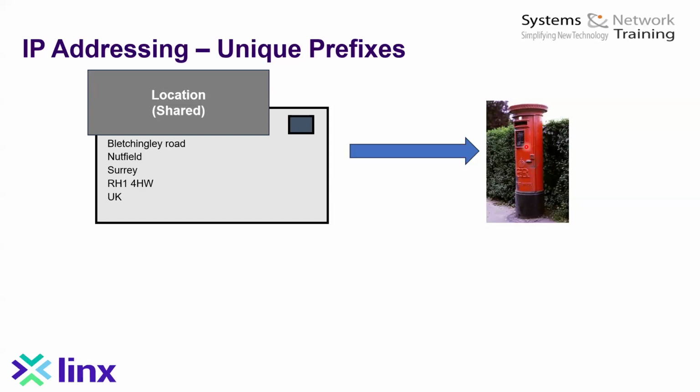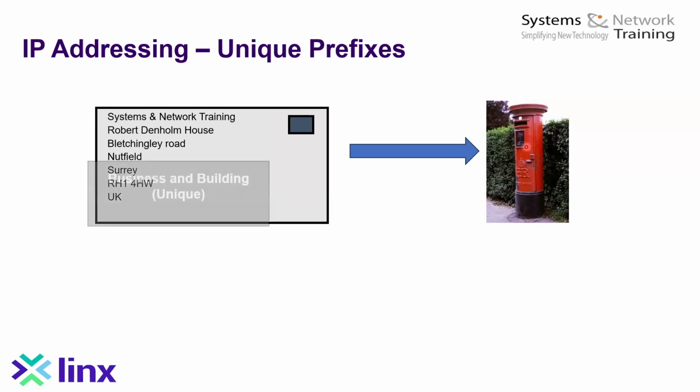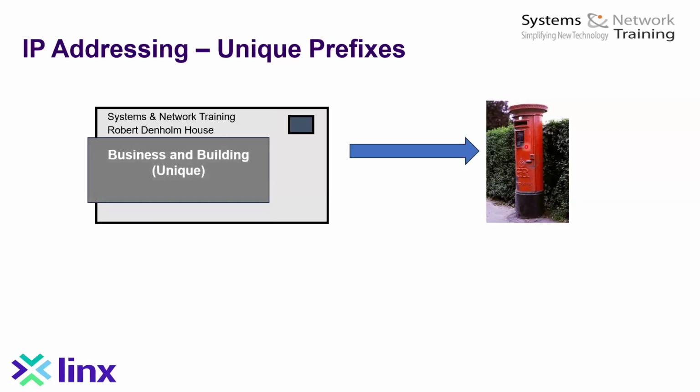So effectively, there could be lots of envelopes in the postman's bag going to different houses, different buildings, but they have in common the Bletchingley Road, Nutfield, Surrey, RH1, etc. So that's the first part of the address. And then the second part of the address is the actual specific building and company name. And that, of course, is unique to the company that I work for.